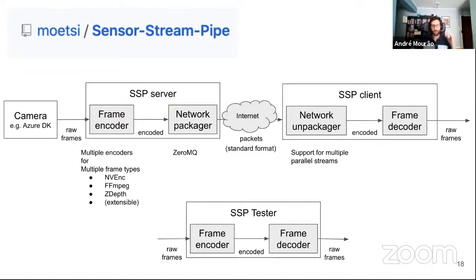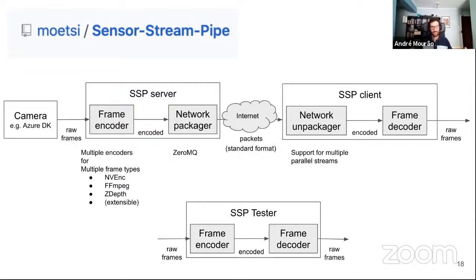So on this side, you don't have to worry about any of this, because SSP will take care of the unpackaging of the network packages and of the decoder, taking into account the different frame types the frame was encoded with, and deliver you those raw frames, those matrices of color or depth data, so you can process them in your algorithm. For example, you can run skeleton tracking on these frames seamlessly, because for your algorithm this will be just a raw frame with all the color and depth data, as if it was just captured on the device.